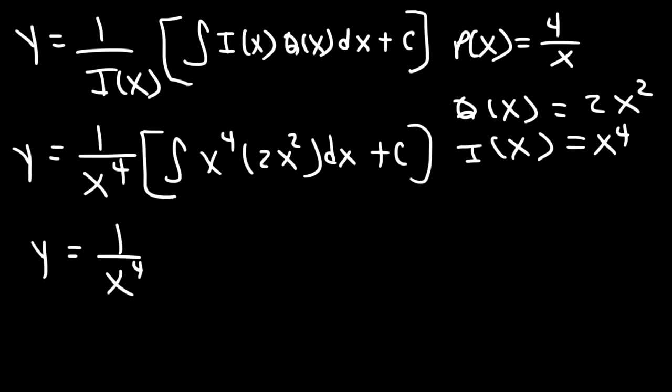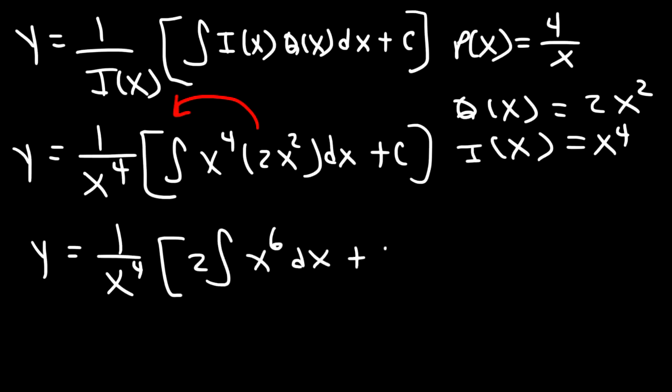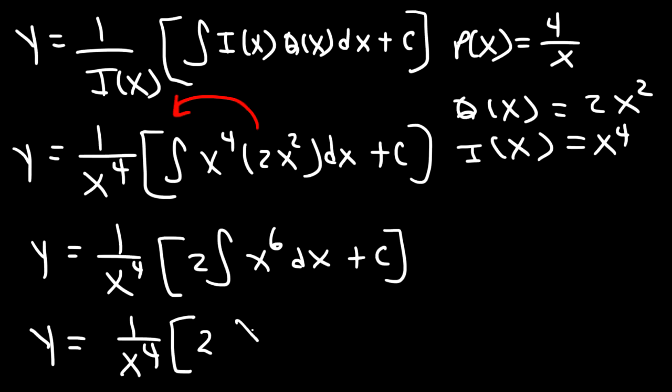So let's move the 2 to the front. And x to the 4th times x squared, that's going to be x to the 6th power. Now the antiderivative of x to the 6 is going to be x to the 7 over 7. Now finally, let's distribute 1 over x to the 4th.